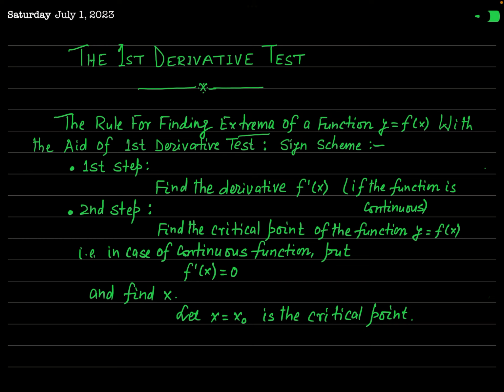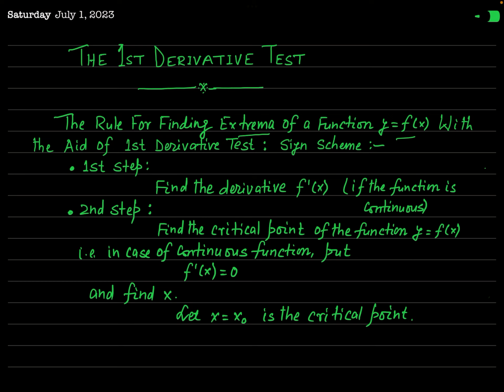Okay, so if you consider a function, let us say y equal to f of x, and you have to test with the aid of the first derivative test when this function will be maximum or minimum, then how can we decide it? Let us see what steps must be followed for solving such problems.